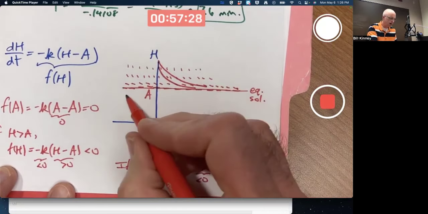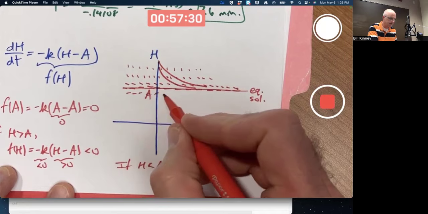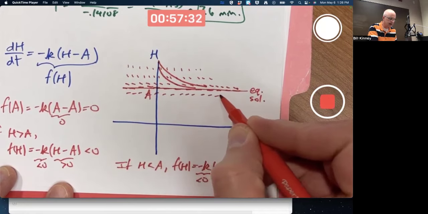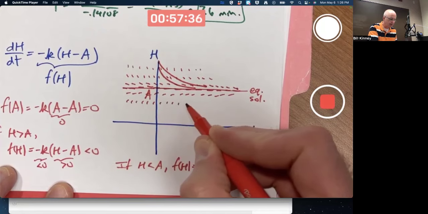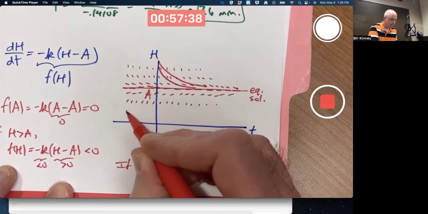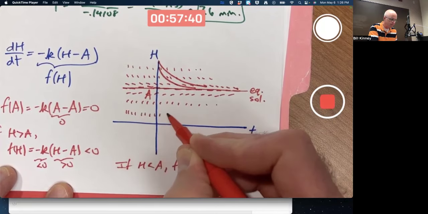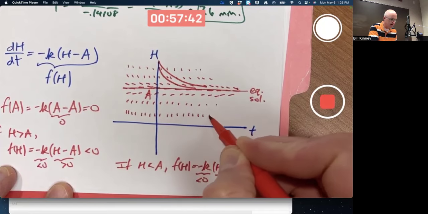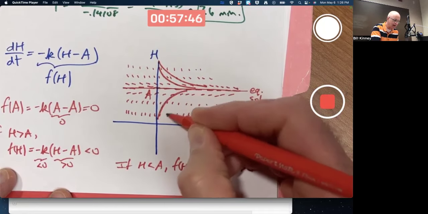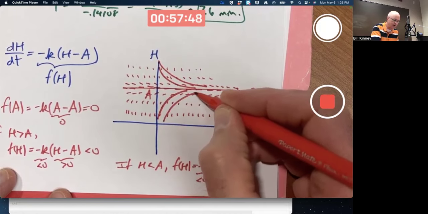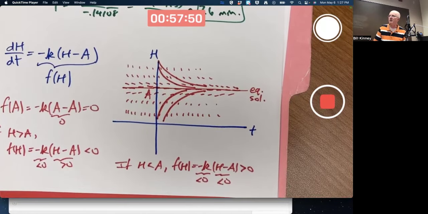So all the little marks are going to have positive slopes, just barely positive when you're close to A, getting more and more positive as you move further away from A, and constant in slope along horizontal lines. Solutions increase toward A. That's representing cold water that's getting warmer.